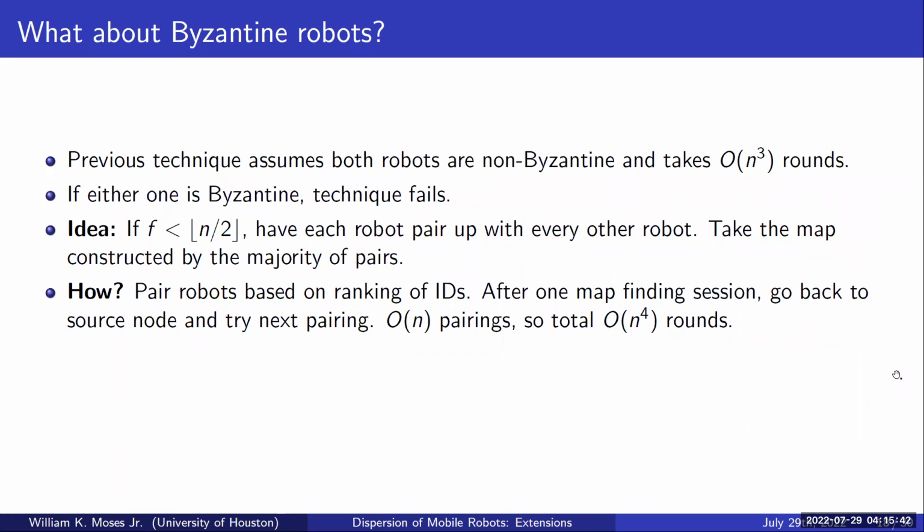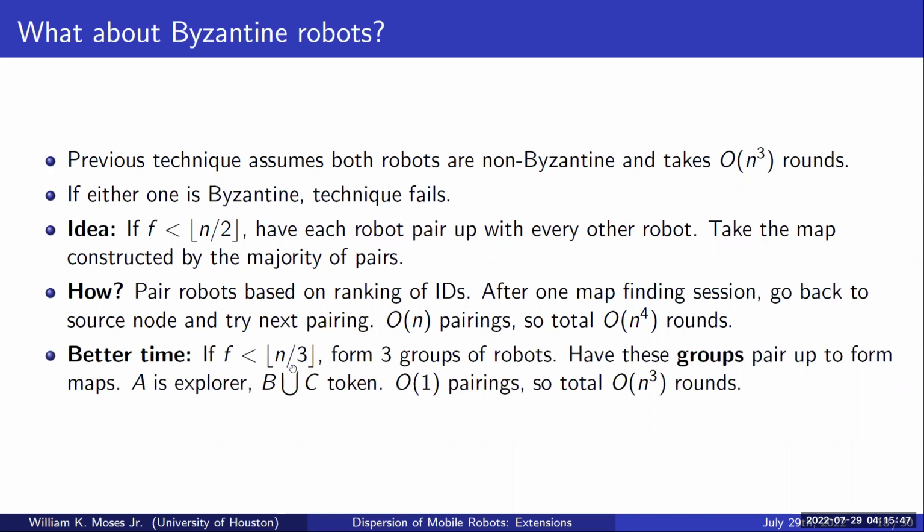Now, how can we reduce this time? Well, if we could get a better guarantee on the fault tolerance. In other words, if our restriction was harsher, instead of saying there could be up to n by 2 minus 1 bad guys, if we say, no, there'll be much less. They're only going to be up to n by 3 minus 1 bad robots. We can do something a little clever. So now, you can divide the robots into 3 equisized groups.